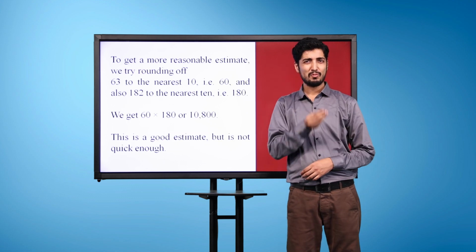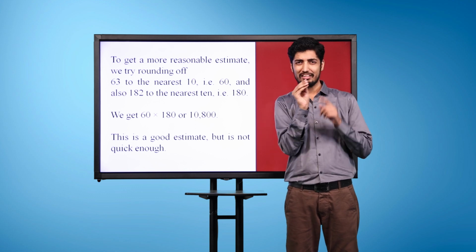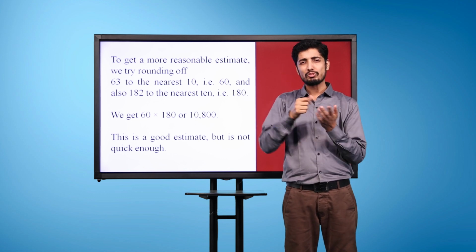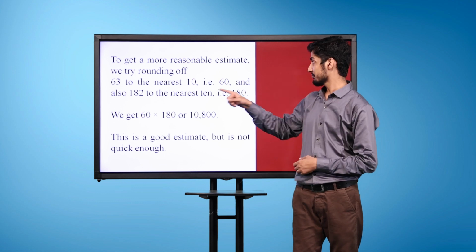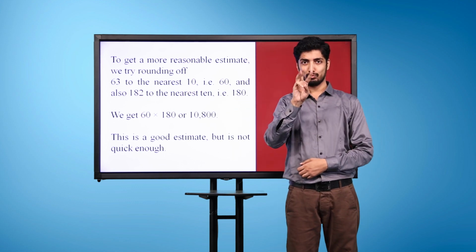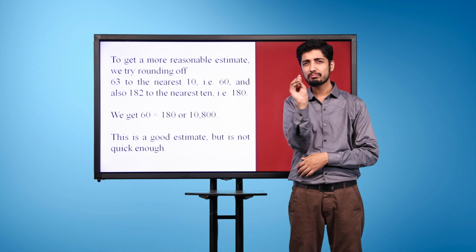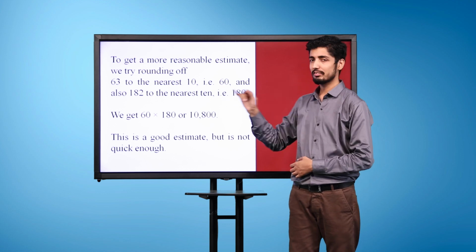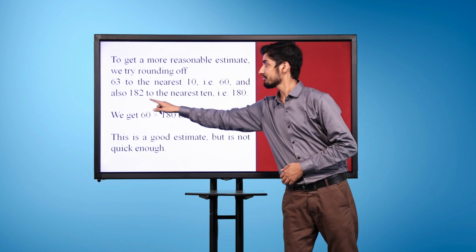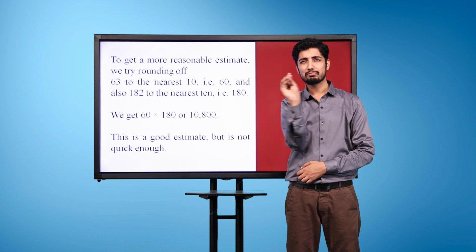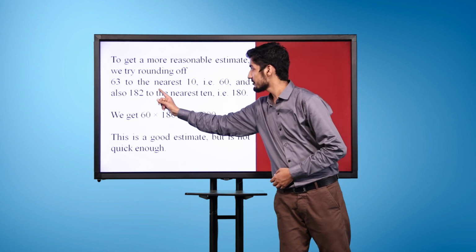To get a more reasonable estimate, we try rounding off 63 to the nearest 10. That is 60. And also 182 to the nearest 10. That is 180.